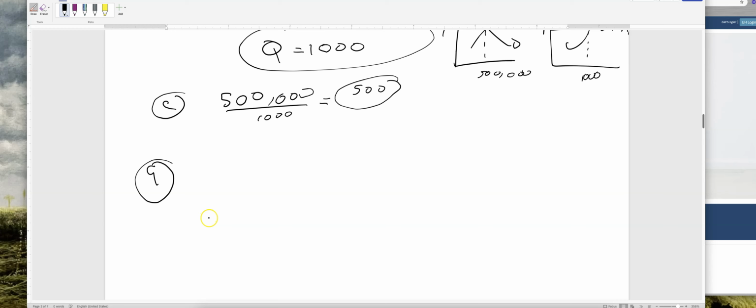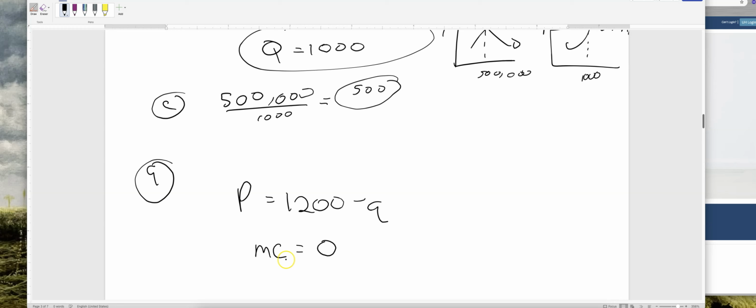Now number 9. In number 9, we've got the market for mountain spring water. And I give you the demand function for the market. The marginal cost is 0, because I say that the mountain spring water can be produced at no cost.